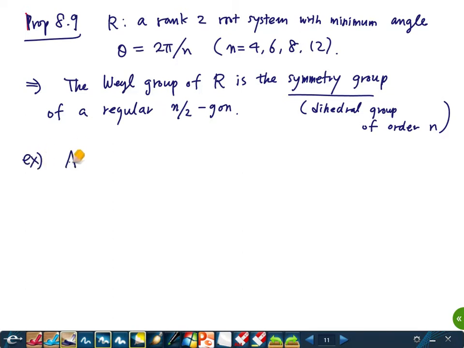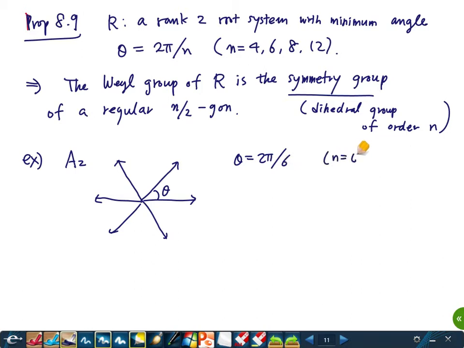So A2, we have this like that, right? So this angle theta is 2 pi over 6, or pi over 3 if you want. So n equals 6. So the Weyl group is the symmetry group of n over 2, a triangle, a regular triangle.